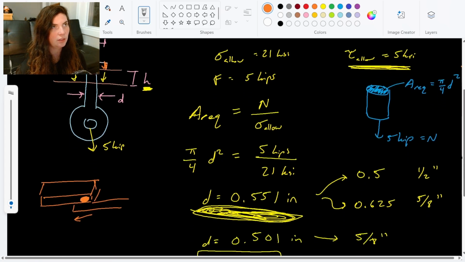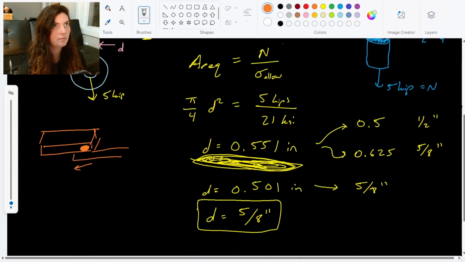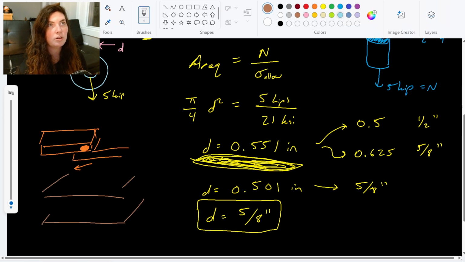Let me draw this in a 3D form. So we have that. This thickness H kind of goes back like this. We have the washer on top, a 1-inch washer. And then here's the nut for the bolt that goes down. The shearing is where this washer would be going through the thickness H here. If you can visualize that, if that kind of makes sense.